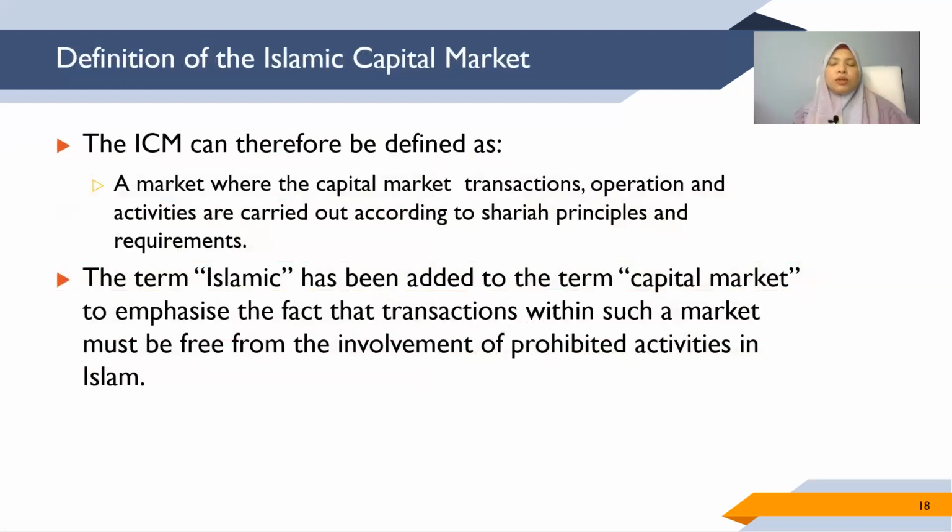So it's quite similar to the conventional. However, we have a regulation for the Islamic capital market because it provides you a platform where all the instruments being used are Sharia compliant instruments only. All right, so that's why it must be according to the Sharia principle.